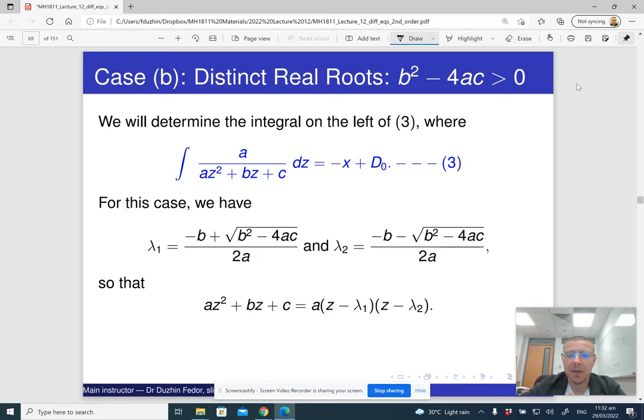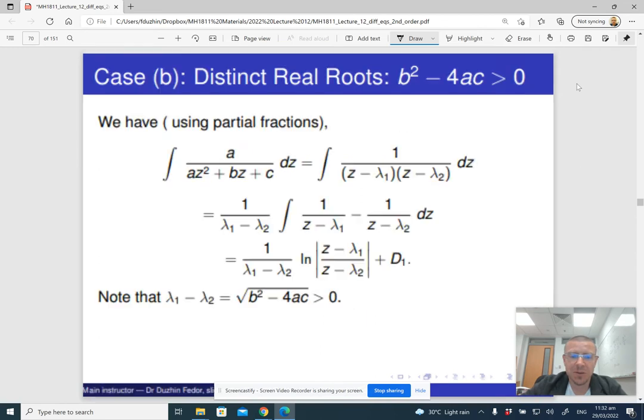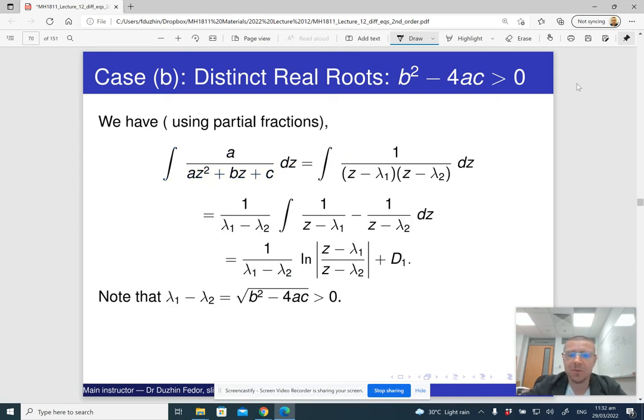But again, long story short, here is what we do. In this case, we're going to get a logarithm of the ratio in the final answer, and then we need to equate this to minus x plus d0, and then we need to recall that z is really y prime over y.